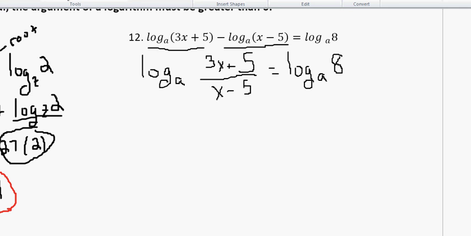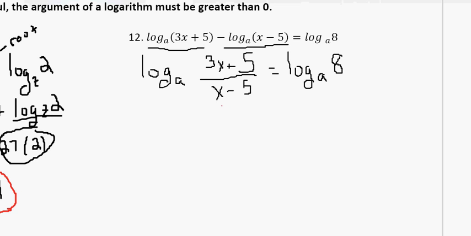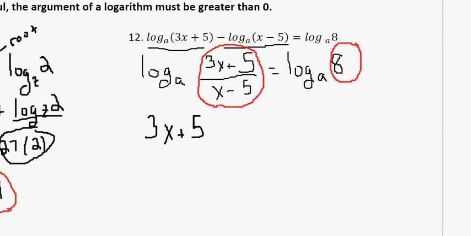So again, now that I've condensed this into a single logarithm on either side, I can now just take my arguments here and here and set those equal to each other. So I can say 3x plus 5 over, that's a straight line, x minus 5 equals 8.